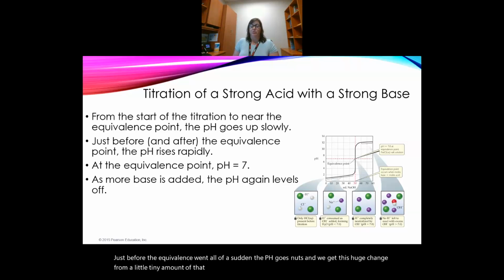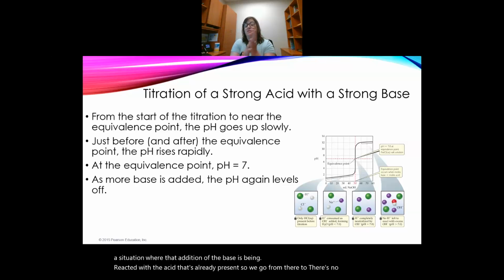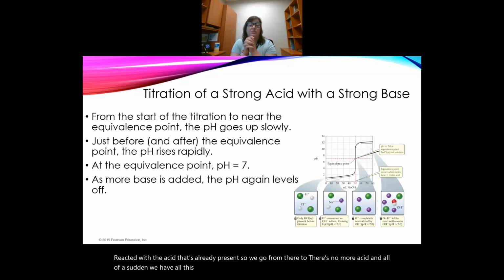And that's because we've now gone from a situation where that addition of the base is being reacted with the acid that's already present. So we go from there to there's no more acid, and all of a sudden we have all this excess OH minus in this solution. So that's what we're talking about.